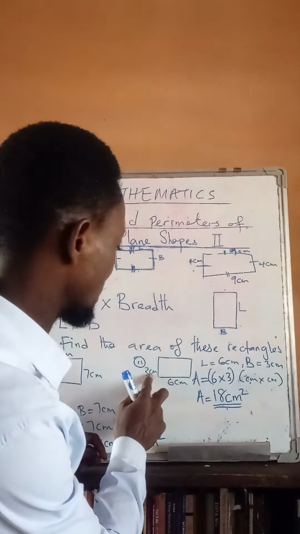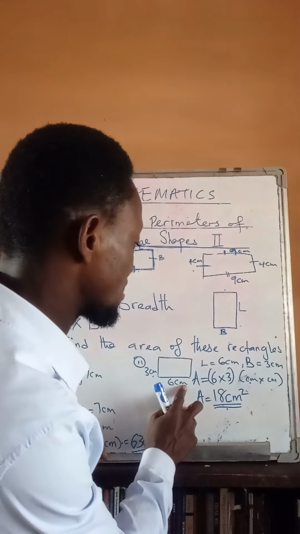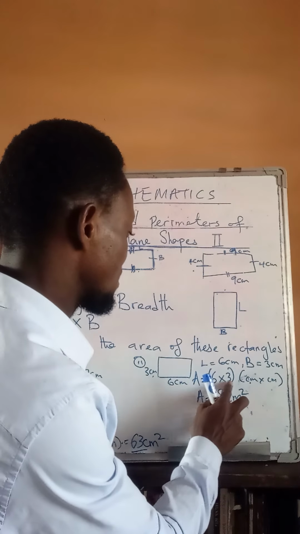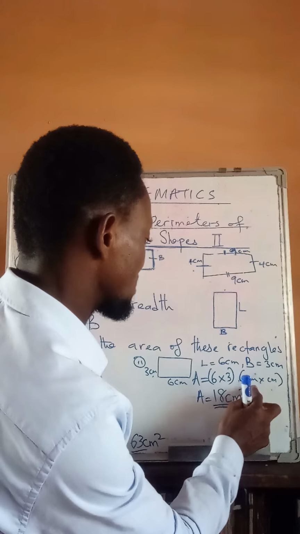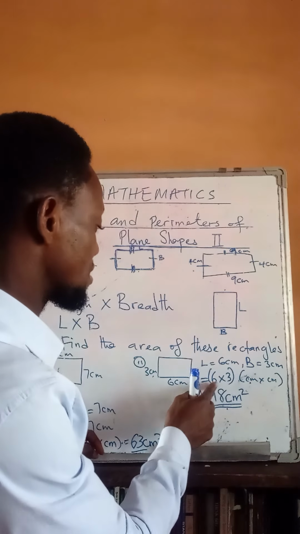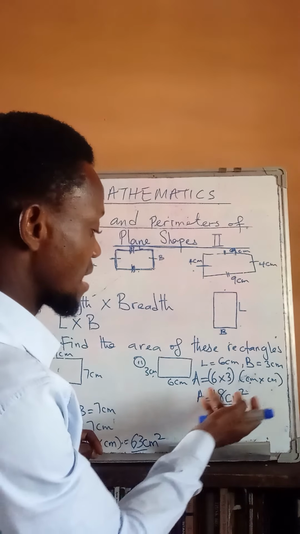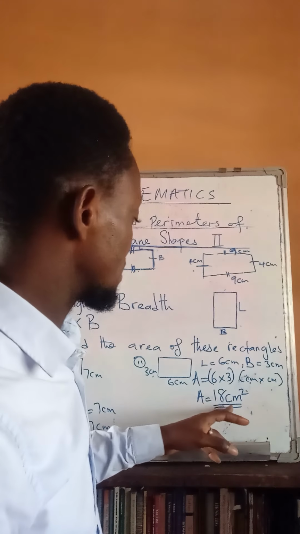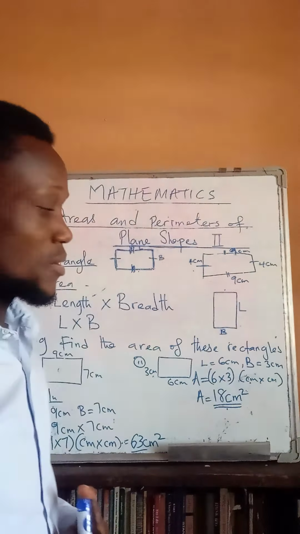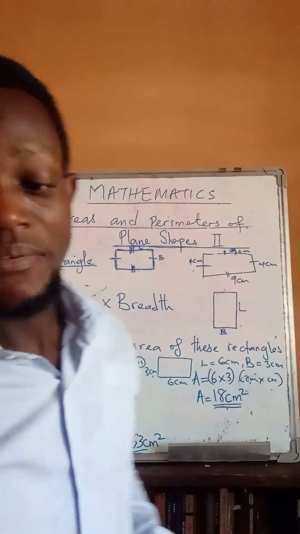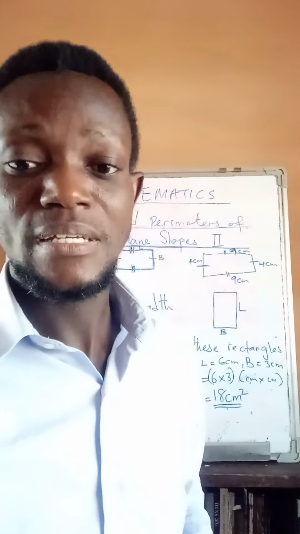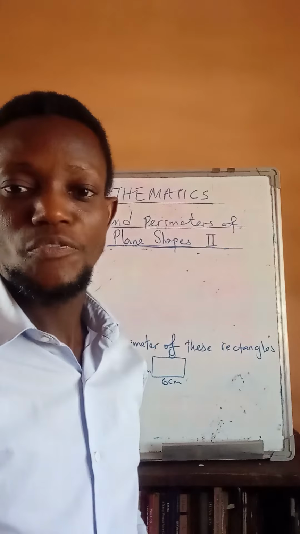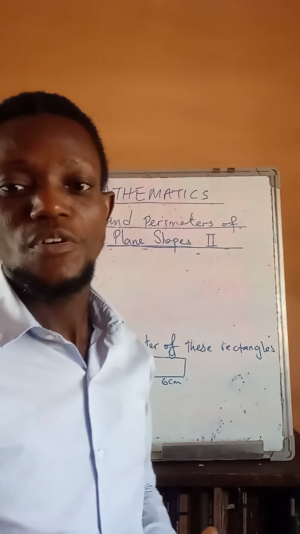Then centimeters times centimeters. 6 times 3 will give you 18, and centimeters times centimeters will give you 18 centimeter square. That is the area of this rectangle. So that's how we look for the area of rectangles.